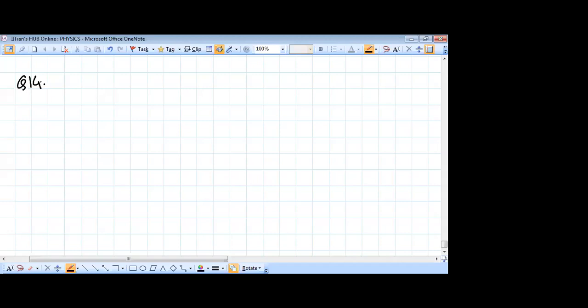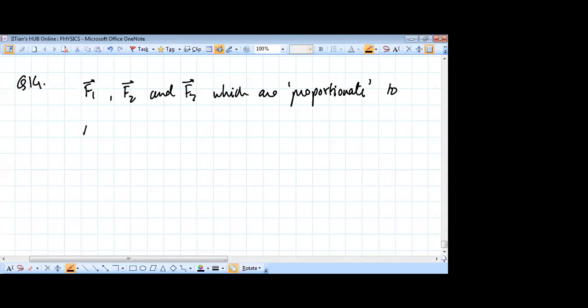So let me explain the language of the question. What it means is that suppose we have forces F1, F2 and F3 which are proportionate to the sides of triangle ABC.